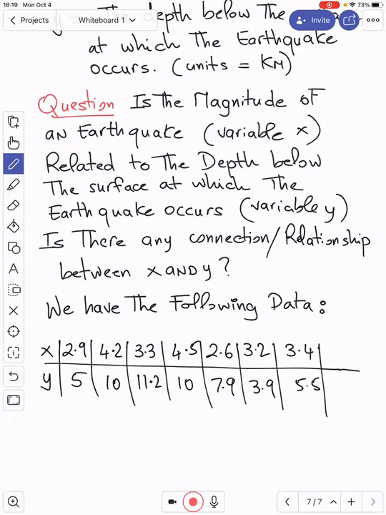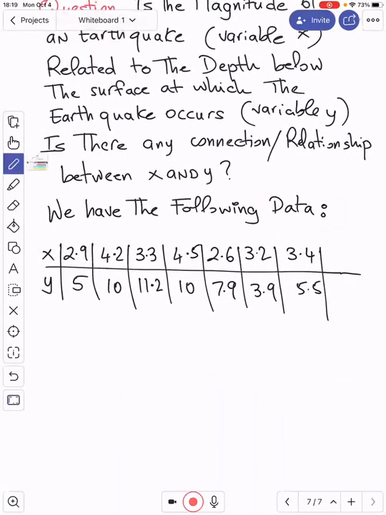So as I said, first, I'm going to try to graph this scatter diagram. So what we need to do first is graph the corresponding scatter diagram.